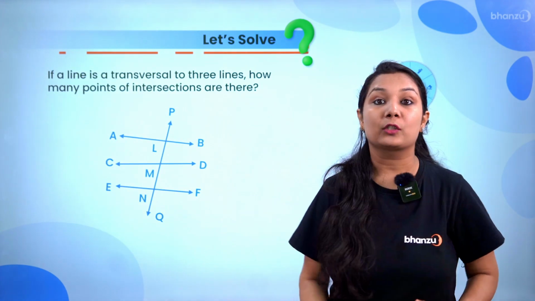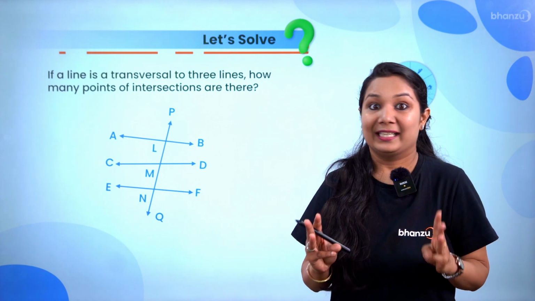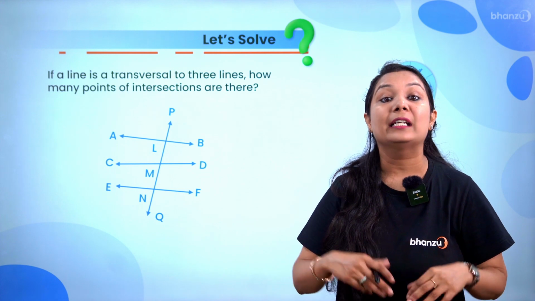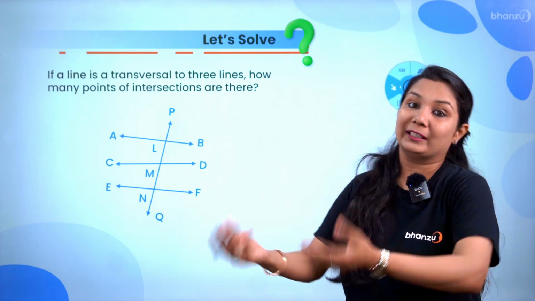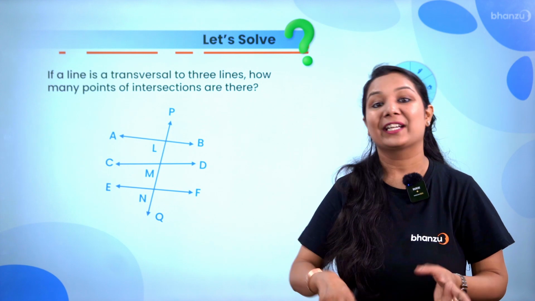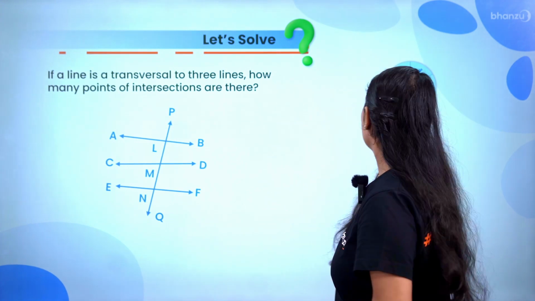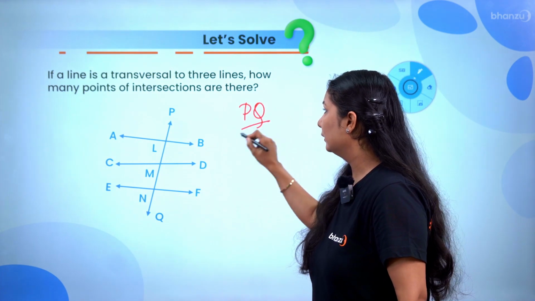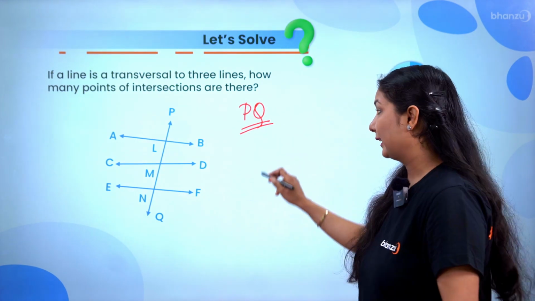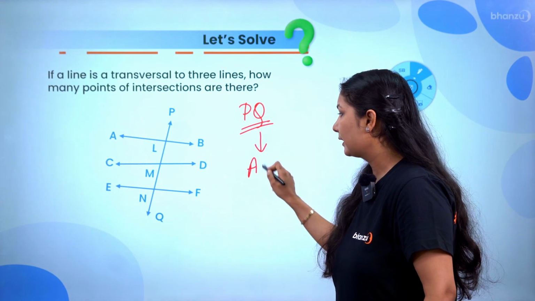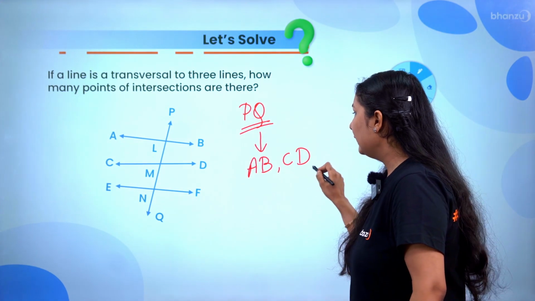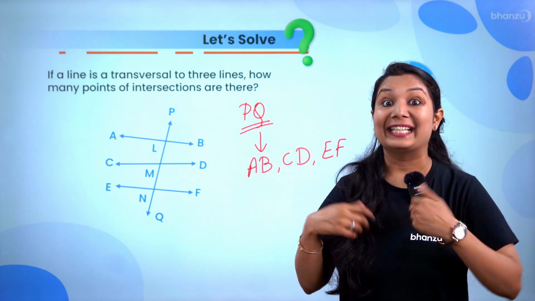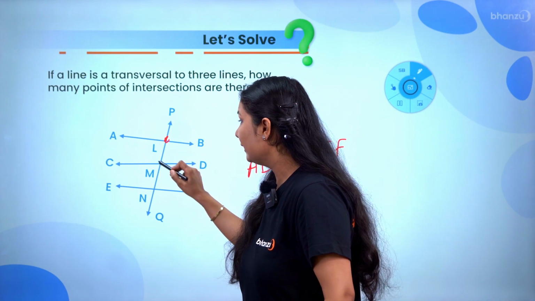If a line is a transversal to three lines this time, remember the definition of transversal? We said it can intersect two or more lines. So here we are dealing with three lines. How many points of intersection are there? Again we have a transversal PQ in this diagram, which is intersecting three different lines, that is AB, CD and EF. So if it's intersecting three lines, obviously it is intersecting at three distinct points, right?